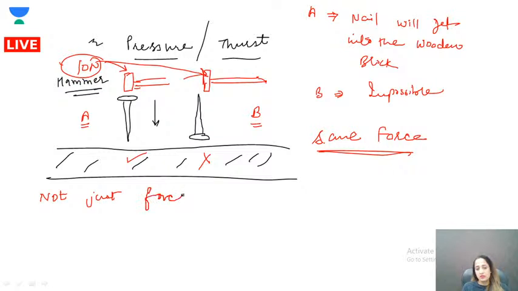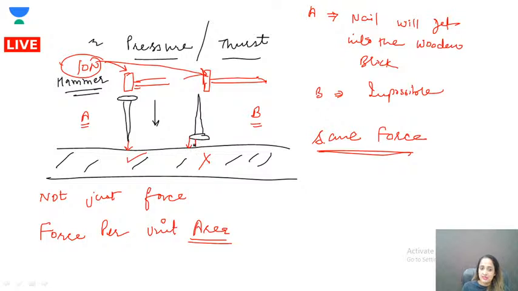it is not just the force, it is force per unit area that matters. Why? Because here the whole force is concentrated on one point and it gets into the wood. Here that force gets distributed all over the area of this nail.